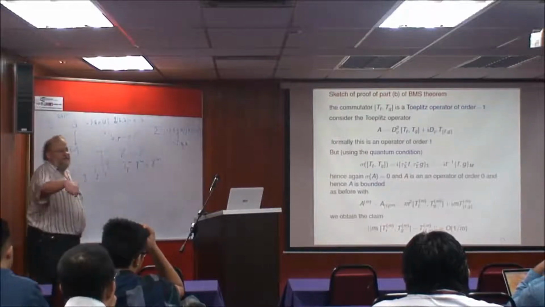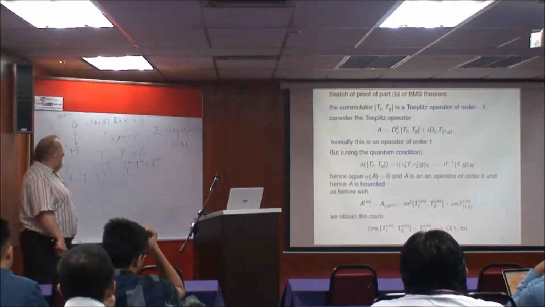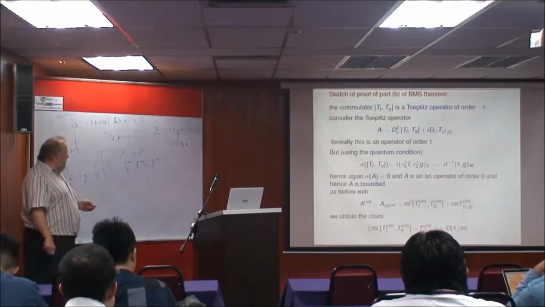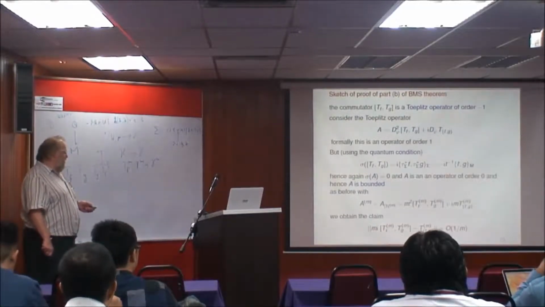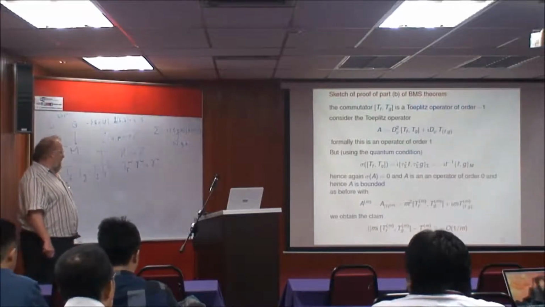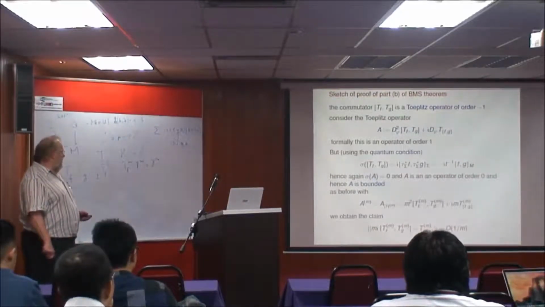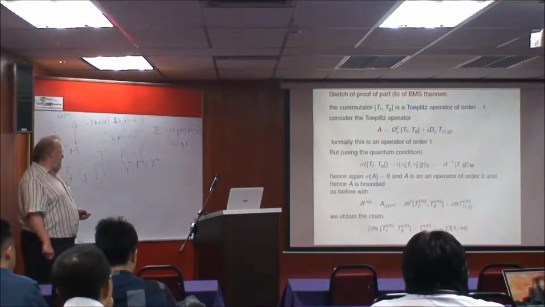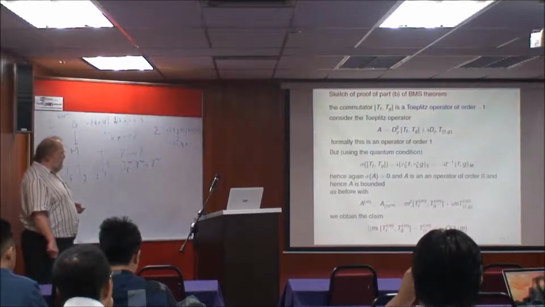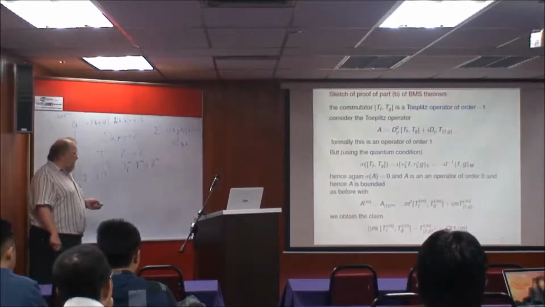So if we sit down and do it directly, taking care of all these i's and t's and so on, in fact our A is an operator of degree 0. So it is not an operator of order 1. It's of degree 0. Hence, it is bounded.